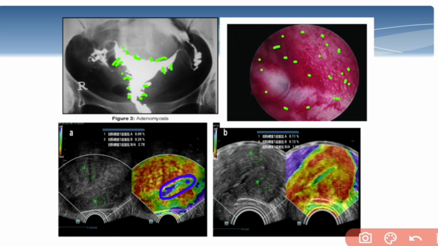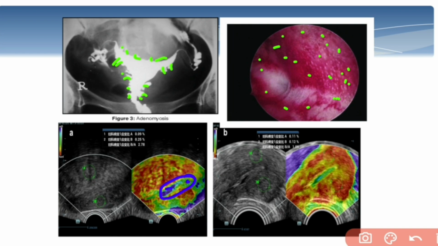In contrast, in case of fibroid, the tissue changes into firm, not cystic. So in elastography, we will find there is a change into the color blue. This is the difference between fibroid and adenomyosis in elastography, but it is not commonly used.